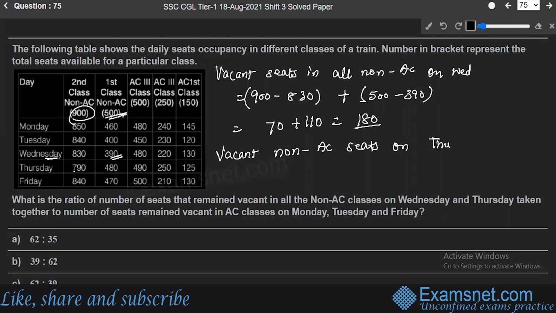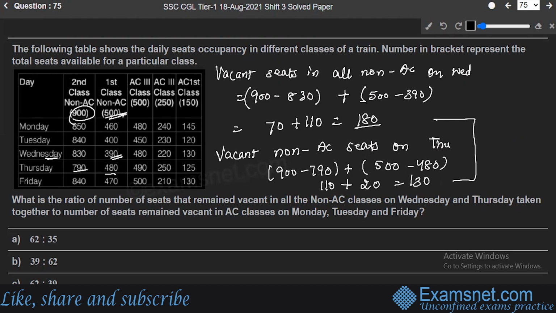On Thursday, it's 900 minus 790 plus 500 minus 480. This is equal to 110 plus 20, which gives you a total of 130. So total non-AC seats vacant on Wednesday and Thursday is 180 plus 130, which is equal to 310. So the number of vacant seats on Wednesday and Thursday in the non-AC classes is 310.